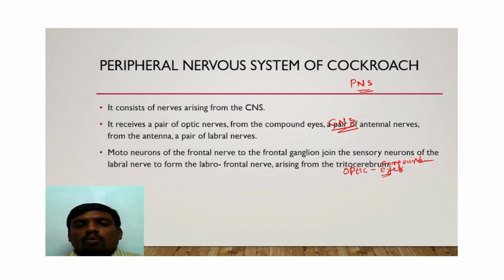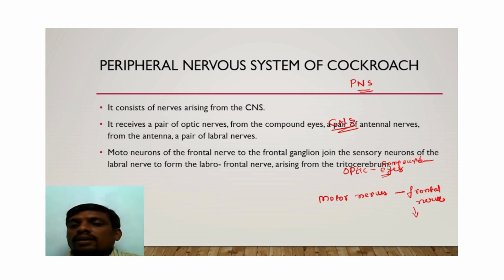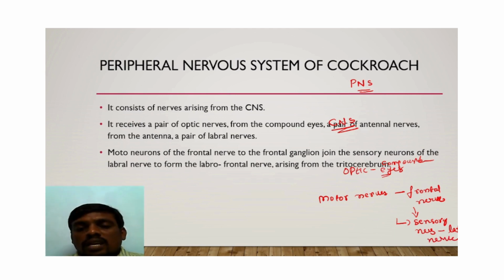Now, the motor neurons of the frontal nerve go to the frontal ganglion. The motor neurons arising from the frontal nerve, directly from the frontal ganglion, join with the sensory neurons of the labral nerve to form the labrofrontal nerve.